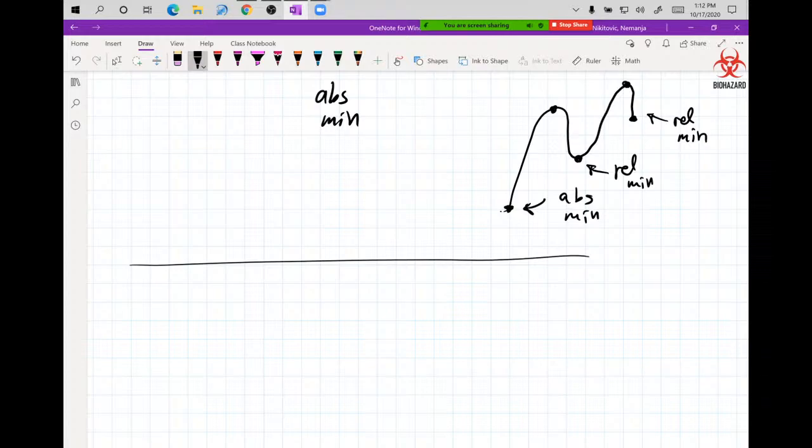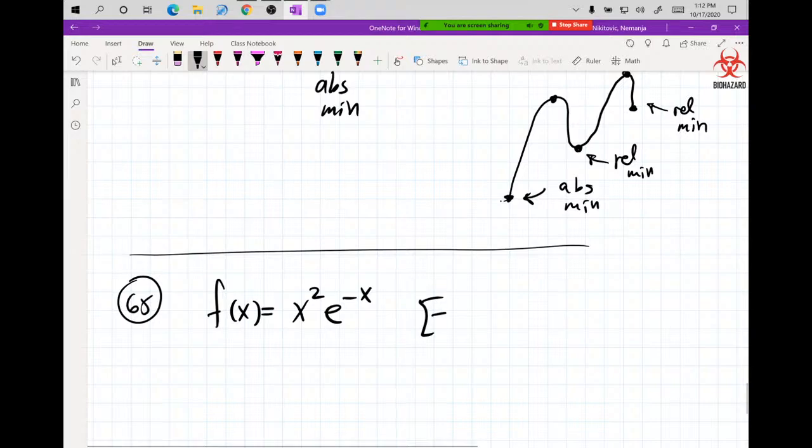For us, let's take a look at 65, which looks amazing. We have f of x equals x squared e to the negative x on negative 1 to 5, closed interval.